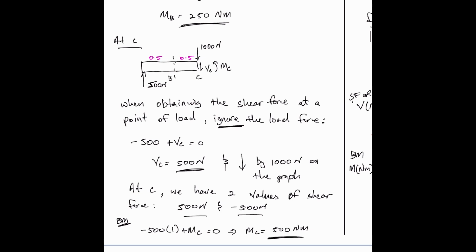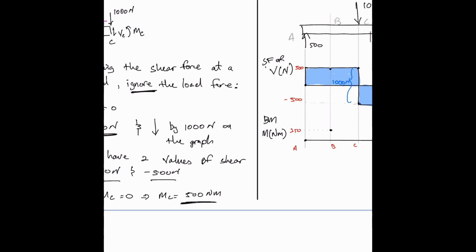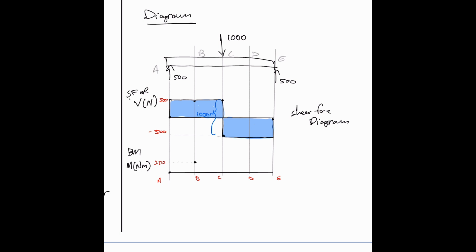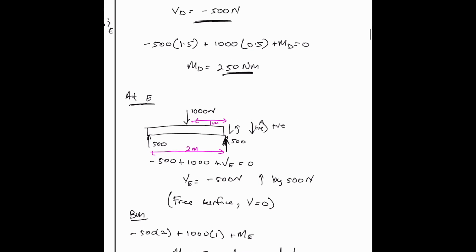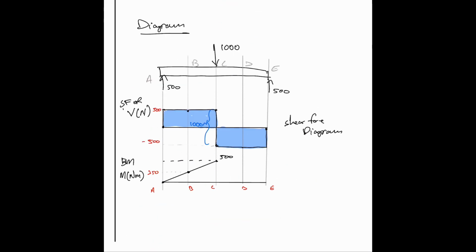At C, the value for bending moment is 500. I just join a straight line here. At D, I believe it was 250 again. Yes, 250. And then E is 0. So this is our bending moment diagram.